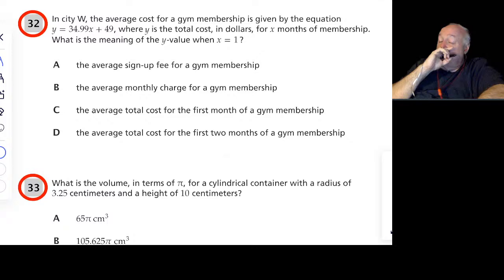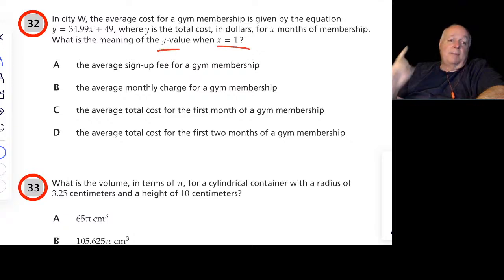This is similar to my cell phone plan, which is a running theme through a lot of these different things. So what is the meaning of y when x equals 1? If x is 1 in this equation, it means you went for 1 month. The $49 is your base fee that you're paying every month.